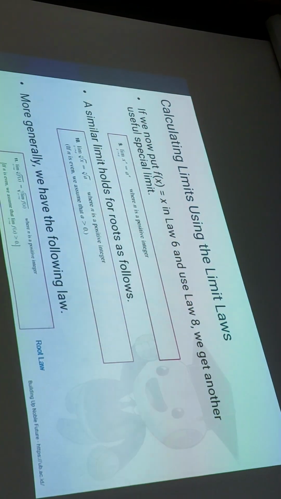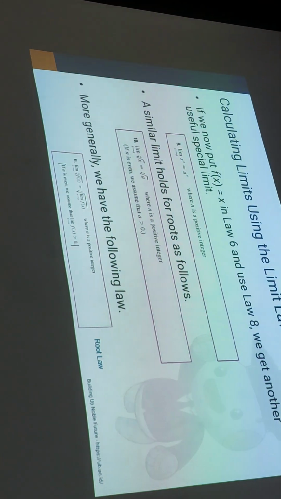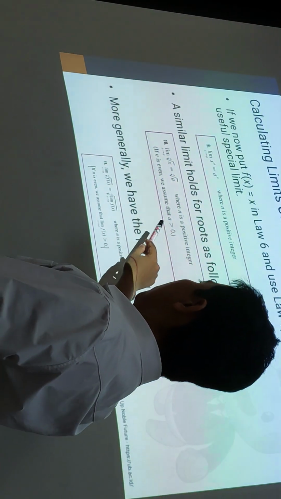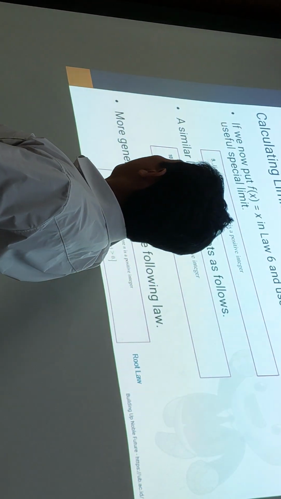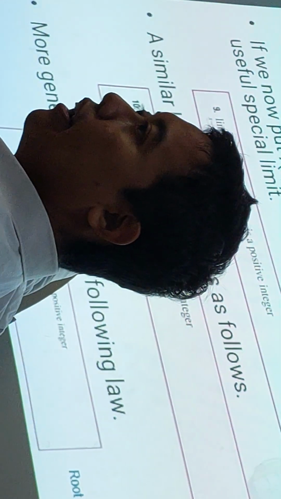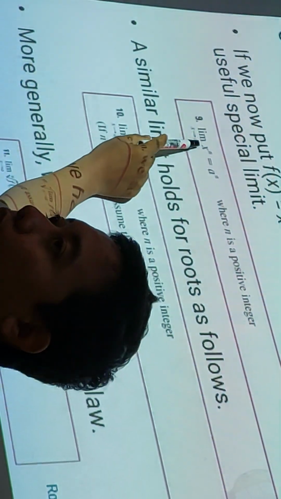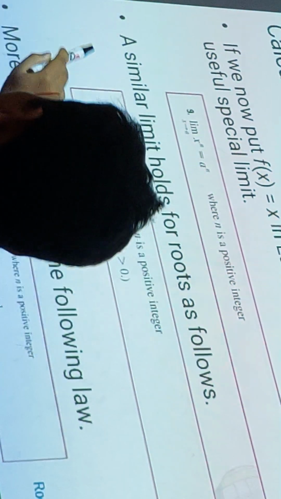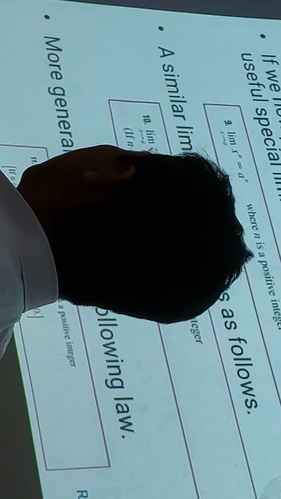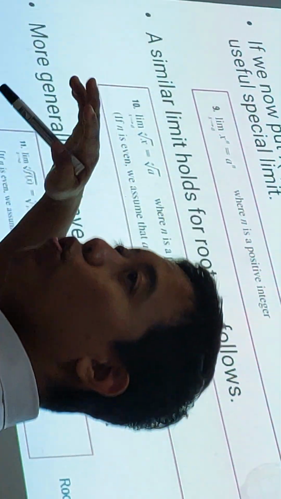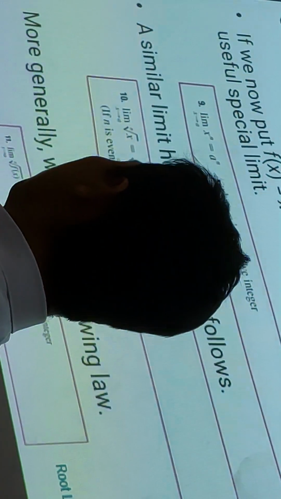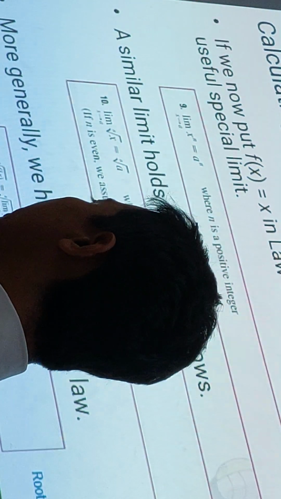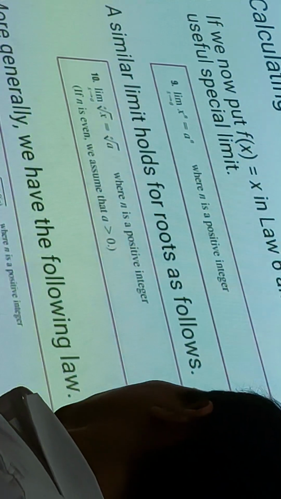And then if we put f(x) equal to x in law 6 and use law 8, we get another usable special limit: limit x to a of x^n equals a^n. Likewise, limit x to a of the nth root of x equals the nth root of a. So we can consider this kind of law.